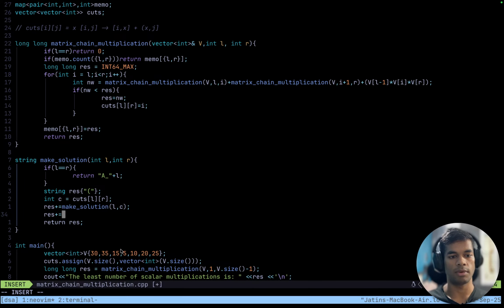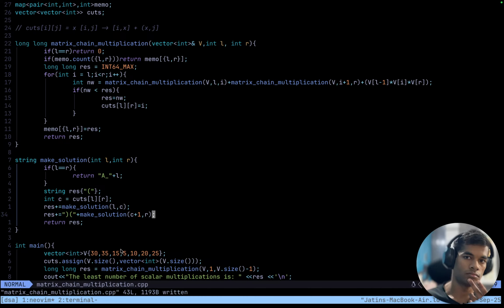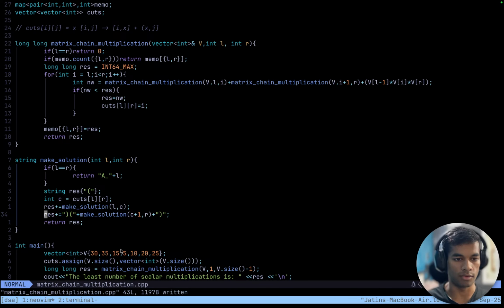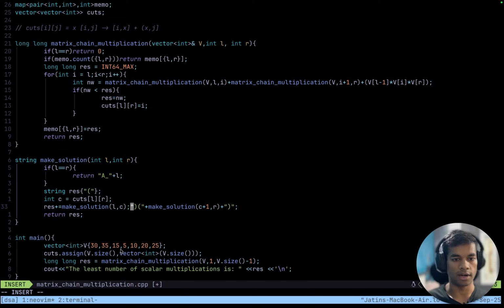And then res plus equals, we will add a left bracket and a right bracket plus make solution for the right side, which is going to involve C plus 1 till R, the ending. That is cool. And then finally, a closing bracket. And then return that. And we don't even have to write this in two separate lines. A single line will work.